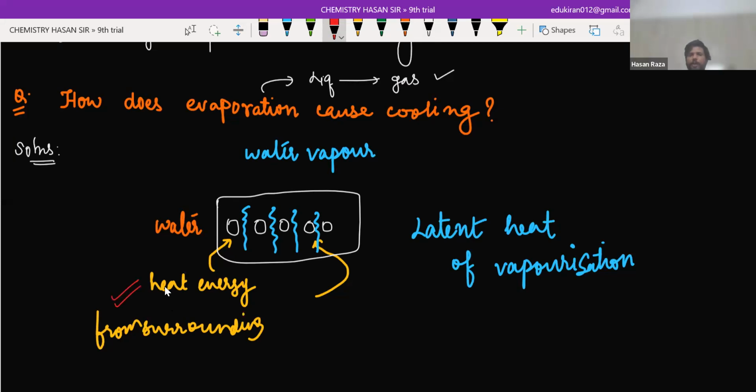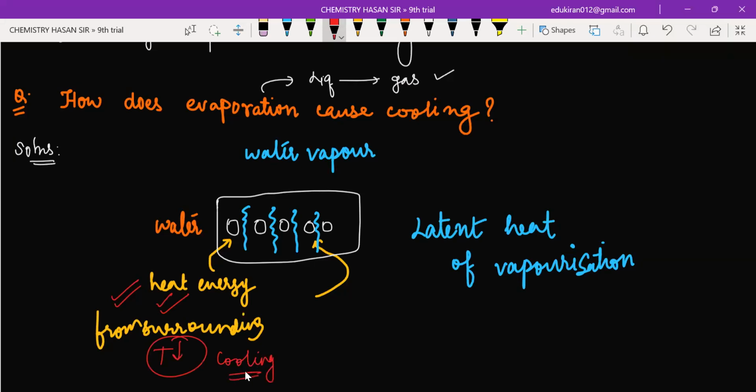Basically, the particles will absorb heat from the surrounding to break the force of attraction between the particles. So from the surrounding, if heat is lost, the temperature decreases in the surrounding and hence cooling. Is that clear? Yes, sir. Okay, please do write this.